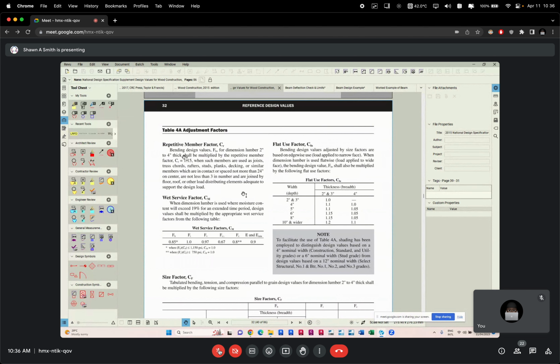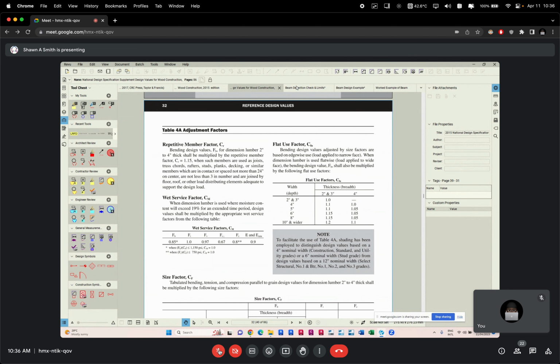If you read this narrative, it says for bending design values FB, for dimension lumber 2 inches to 4 inches thick, we are in that because we have chosen 2 inches thick, shall be multiplied by a repetitive number CR equal 1.15, when such members are used as joists, truss chords, rafters, studs, planking, decking, or similar members which are in contact, not our case, or are spaced not more than 24 inches.